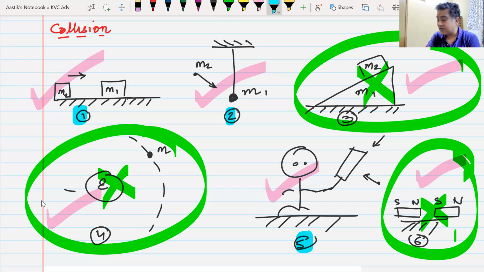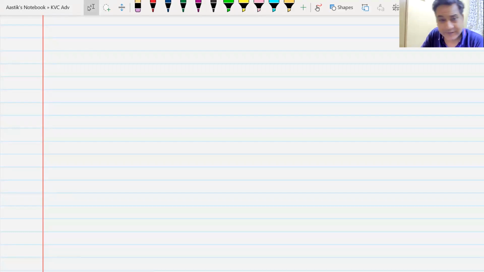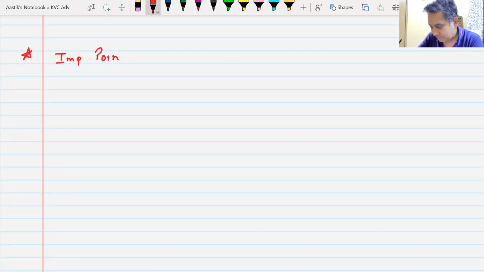Now, what all things do we need to remember about these collisions, the collisions where there is an impact? Important points about the collisions that we are going to study. Number one, there is going to be a sharp impact.